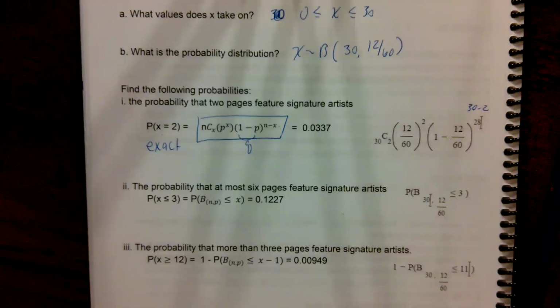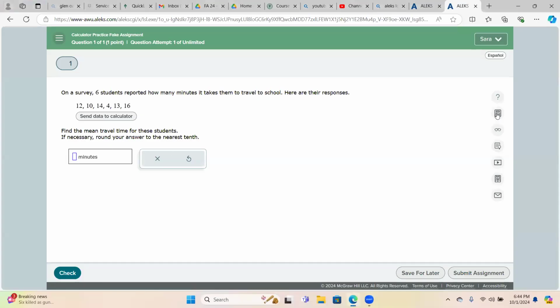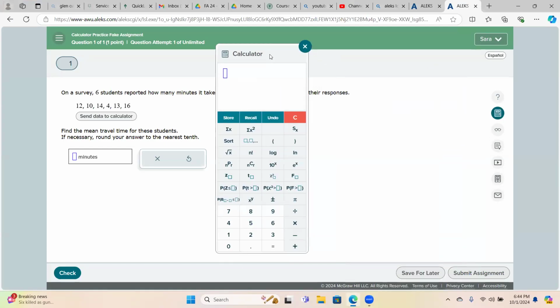Okay. I am going to share my screen here, and I'm going to go to the calculator. I'm going to show you how this works.